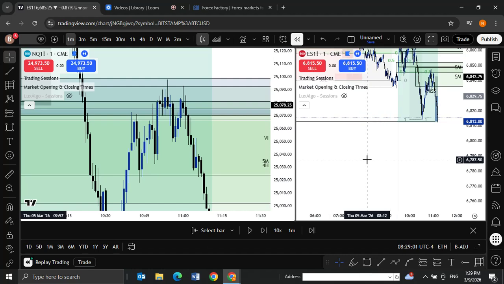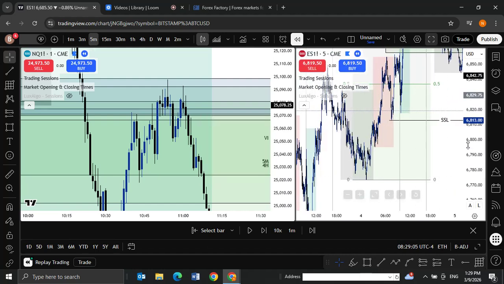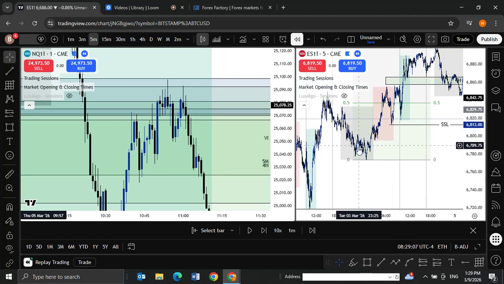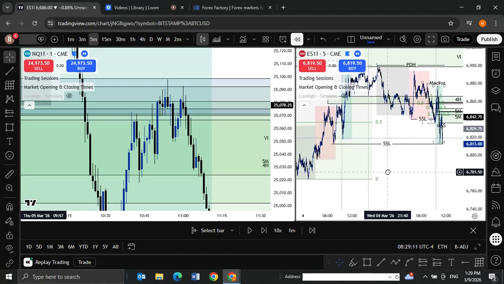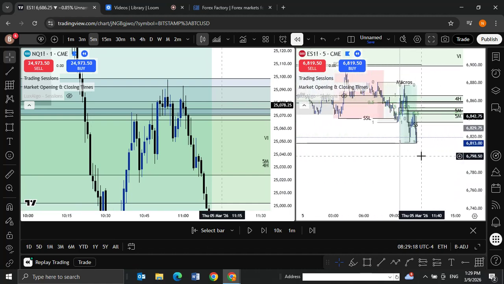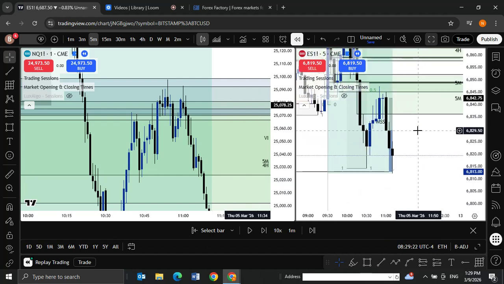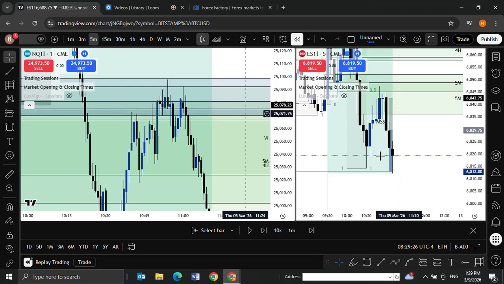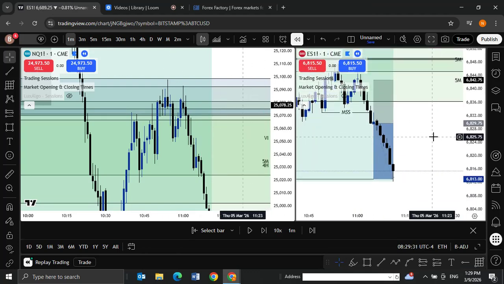I don't think I want to see price going all the way down to the previous low, which is here. And if I consider all this move, we are already in premium. So taking full take profit target at this point is, in my opinion, very reasonable.